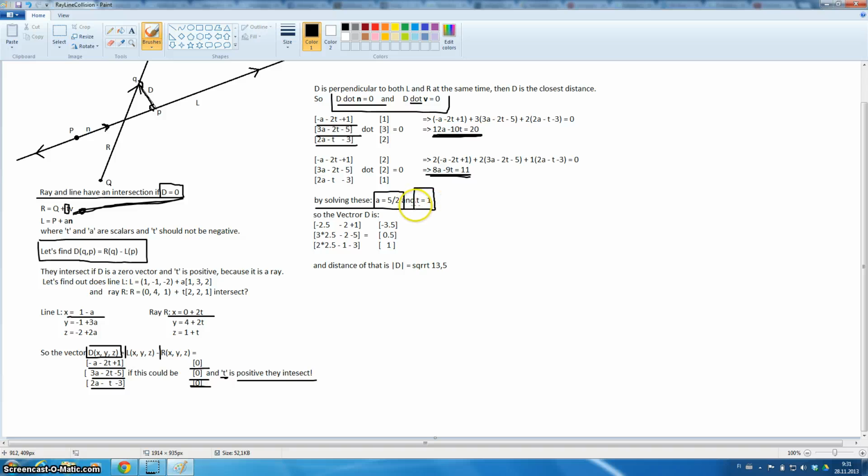So t is 1, it is positive, so there could be an intersection, but because the vector isn't a zero vector when we put those in, we know that the distance between this ray and line is square root 13.5. Then we know that there is no intersection.